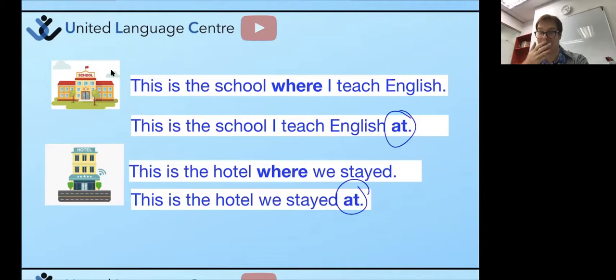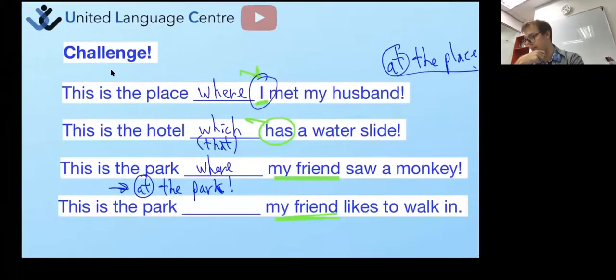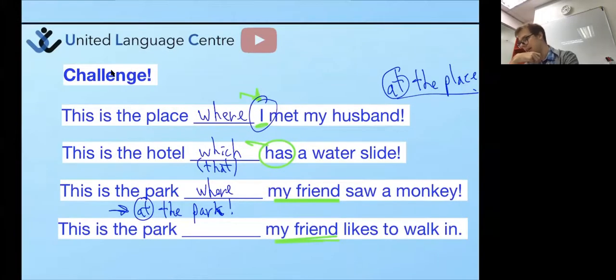And actually, you see, I didn't even use a that. Because for this kind of sentence, we just need the at. So actually, I don't need an answer. This is the park my friend likes to walk in. He likes to walk in this park. So actually, we don't need one.